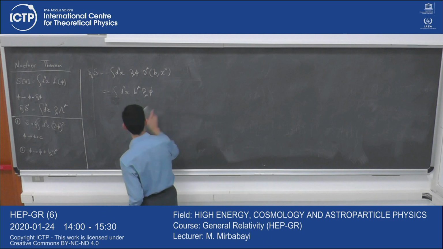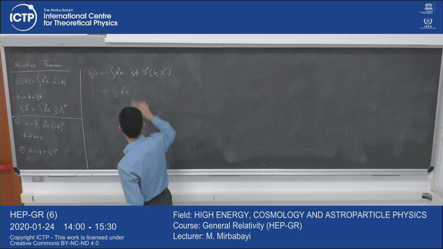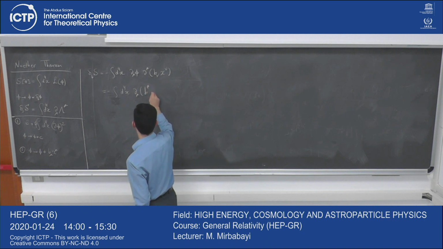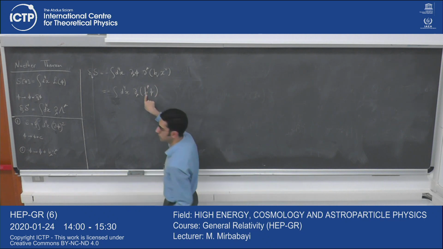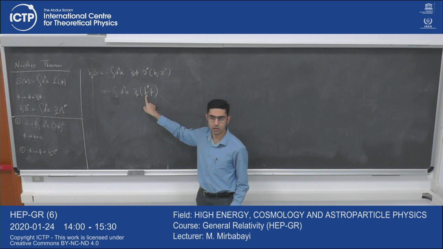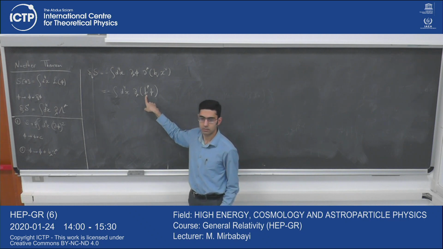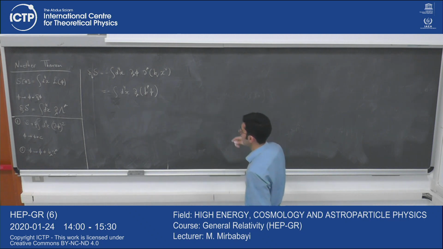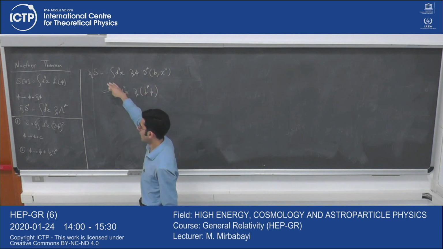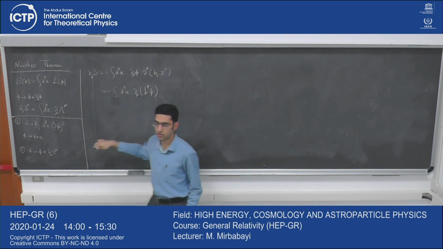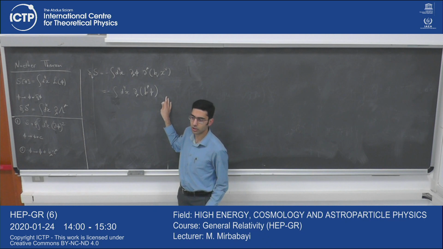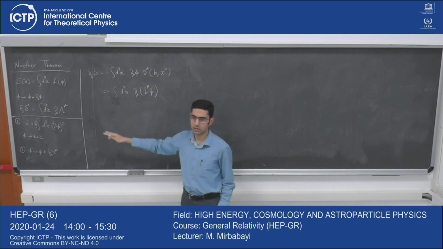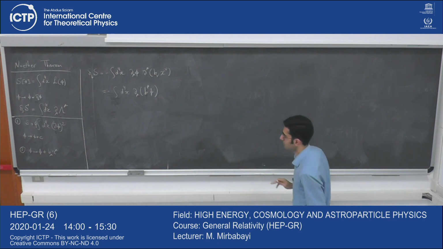Which is a total derivative because I could just write it as d^mu of b_mu phi. Remember, b is a constant four-vector. So now the change of the action under this transformation is not 0, but it's a total derivative. So this is called a symmetry of the action.